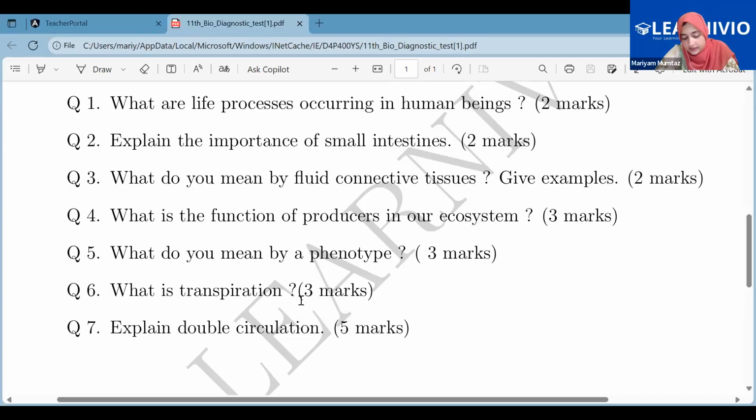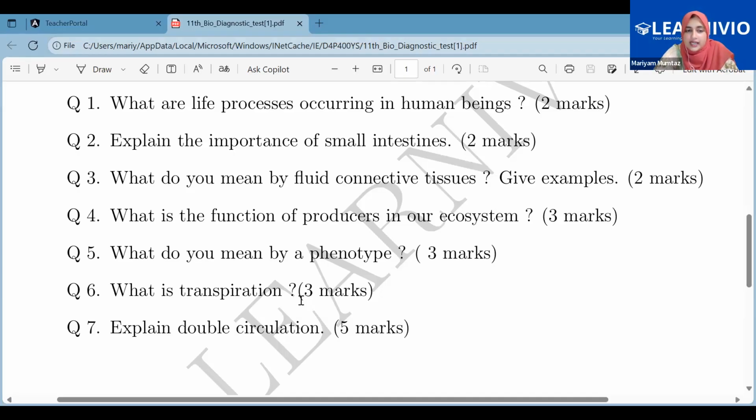It is something related to water only, but it's not that. Transpiration is something else. Transpiration is the evaporatory loss of water, okay? I'm so sorry, my Wi-Fi connection is slow, so it keeps getting cut off.